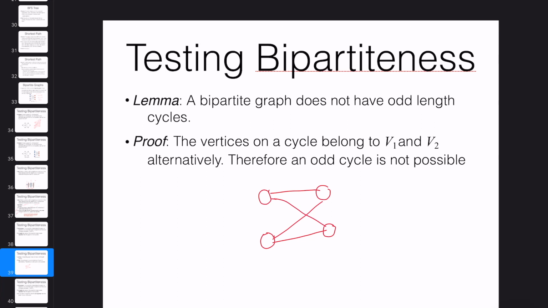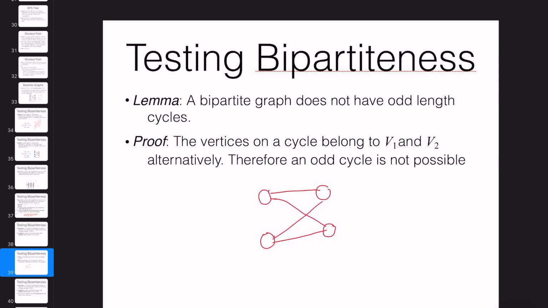Okay, so it is clear that in any bipartite graph, we don't have cycles with odd length. You start from any node, you go to the other set, and you come back. So for every going and coming back, you have a pair of edges. The number of edges in a cycle should definitely be even.